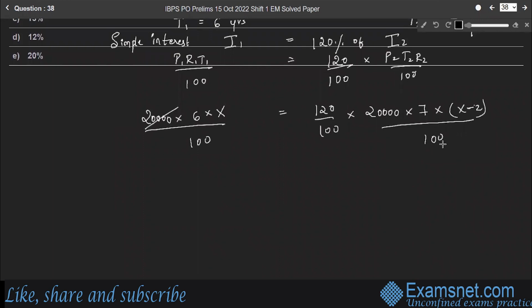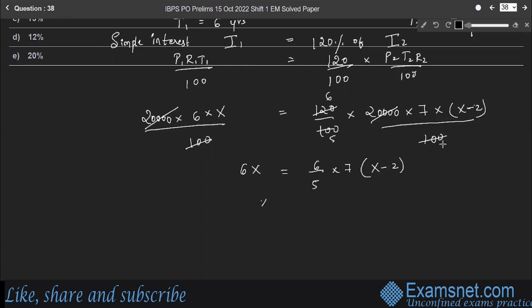So you can cancel 2000 here. Even 100 and 100. So 120 by 100 can be written as 6 by 5, into 7 into x minus 2. So 6 and 6 will get cancelled.